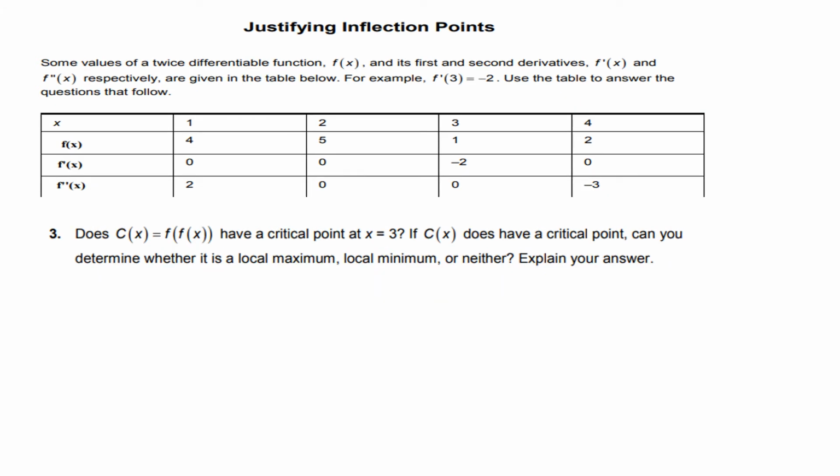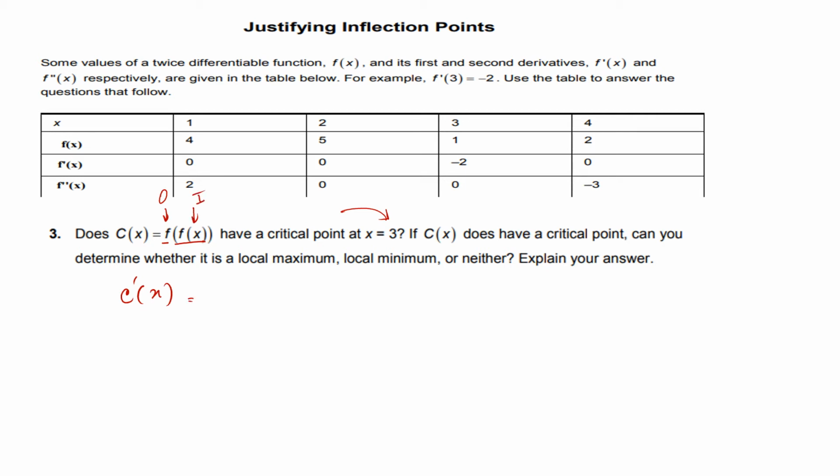So there is another question according to which you have to calculate whether you have a critical number at x equals 3 or not. For that reason, take the derivative. Now here, f of f of x. So this f is the outer function and this f of x is your inner function.